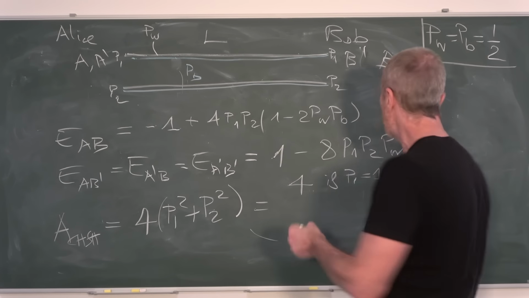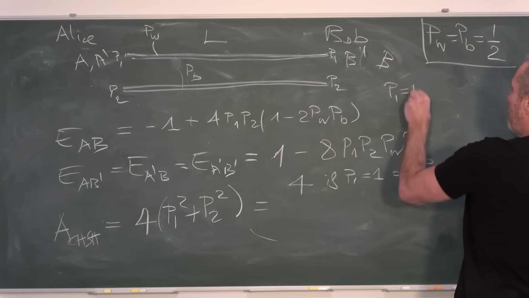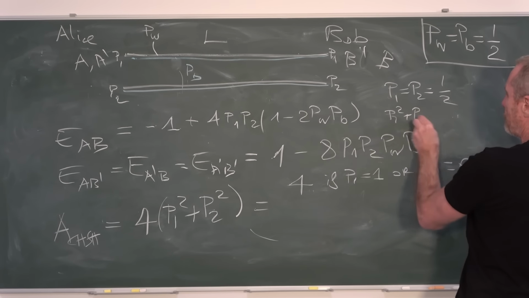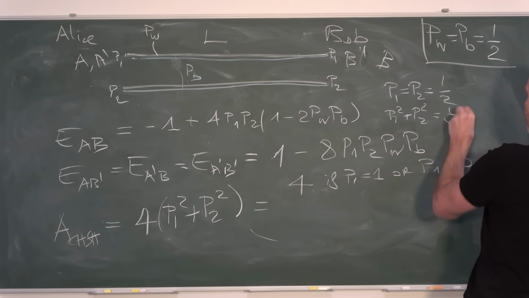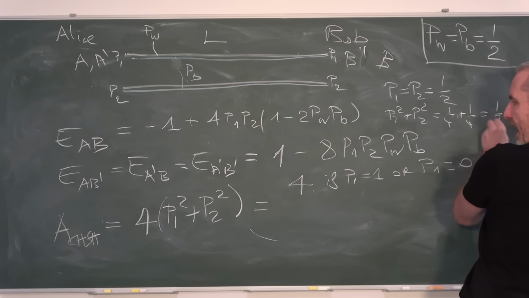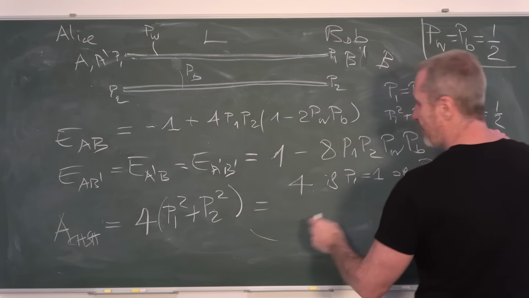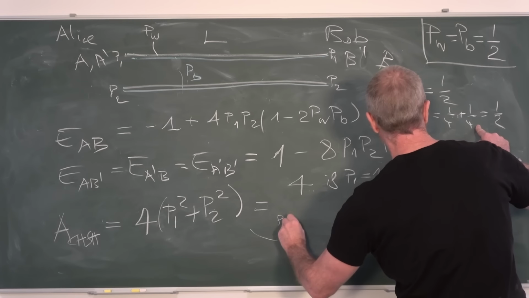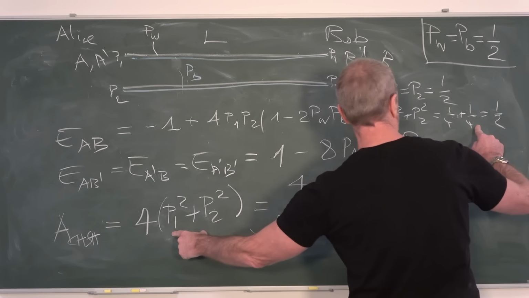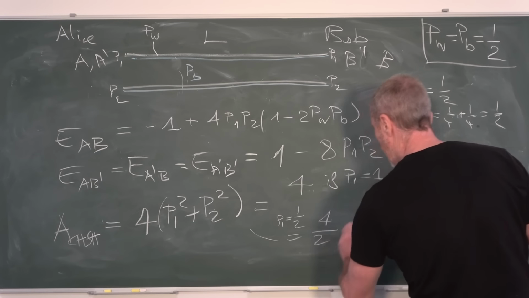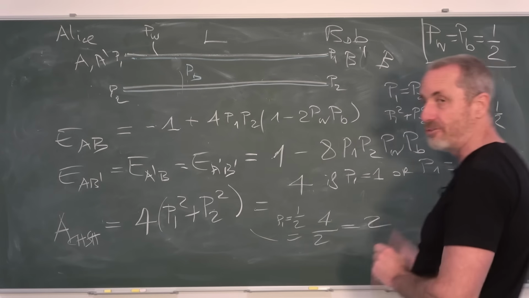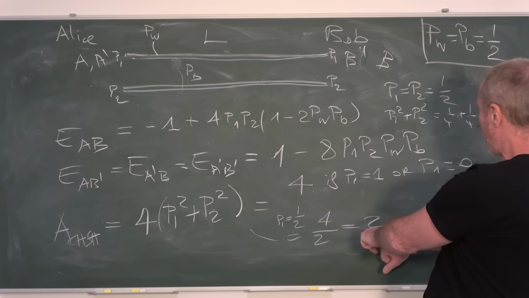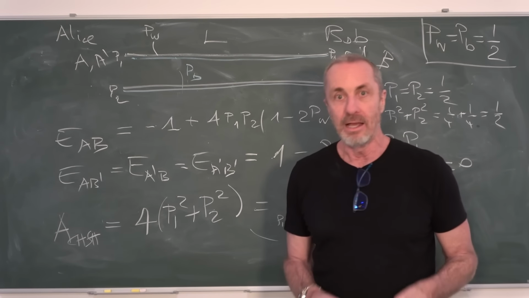If, for instance, we have P1 equal P2 equal 1/2, then P1 square plus P2 square will be 1/4 plus 1/4, which is 1/2. And then we have 4 divided by 2, which is 2. So we have no violation in this situation. So we can go from the minimum violation to the maximal one with no problem.